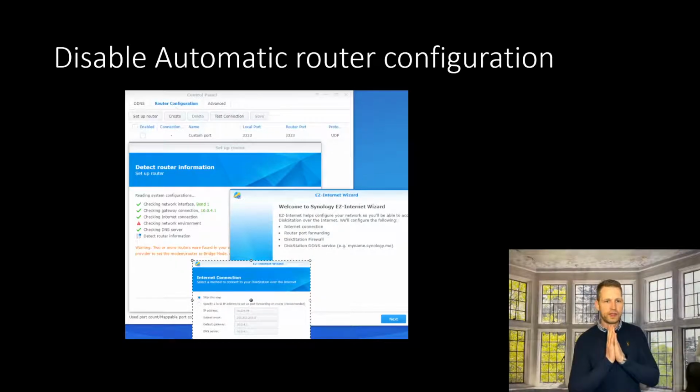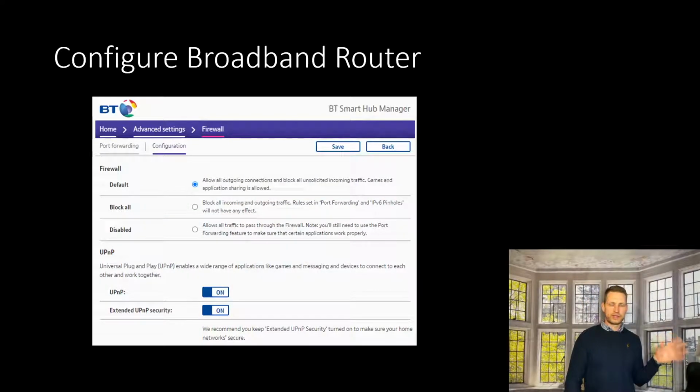Thanks to UPnP, loads of routers have this option enabled, which means devices in a network have access to the router and its settings, and they can enable port forwarding, open some ports and do some changes, which is so unsafe, because if you don't know what you're doing, you can again open these doors for others to come in and put their malware, their ransomware files on your NAS or any other device, in fact. So disable that on the NAS, or don't use those configuration wizards.